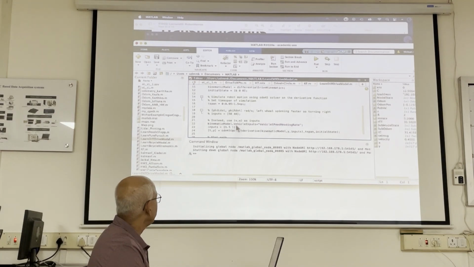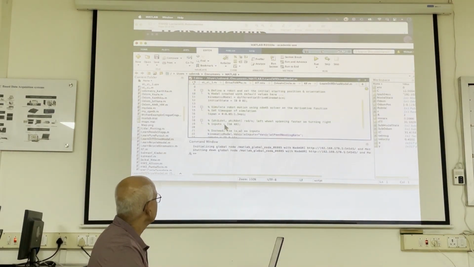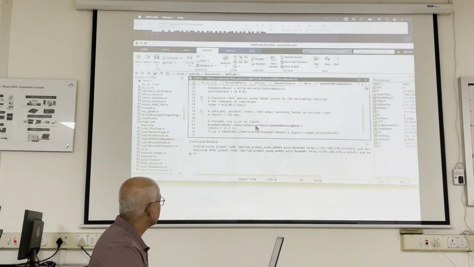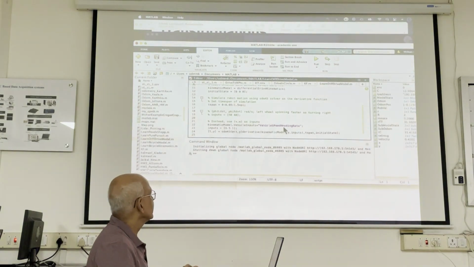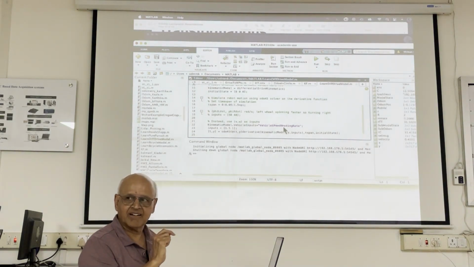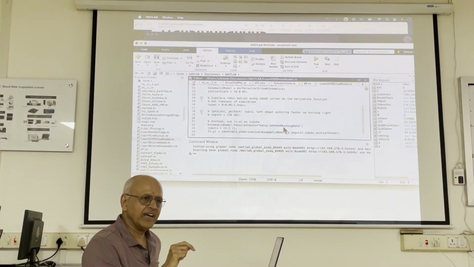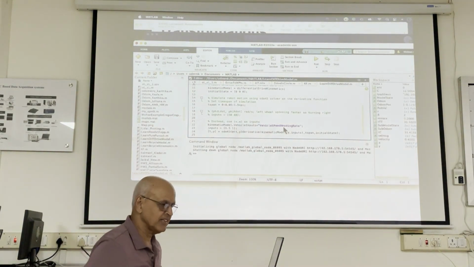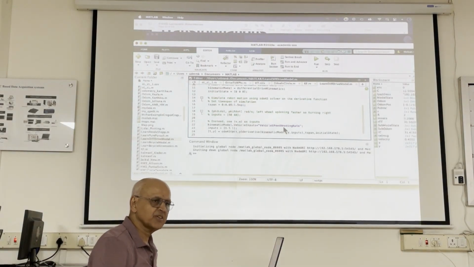So I've got a copy of the object, and by setting this extension to this reserved word, I'm saying I want to command it using V and omega. There is also a way of commanding it by saying I want my right wheel to spin at this rate and the left wheel at this rate.